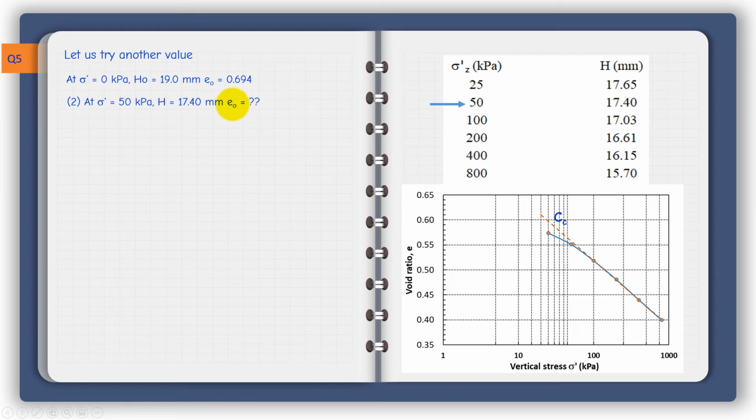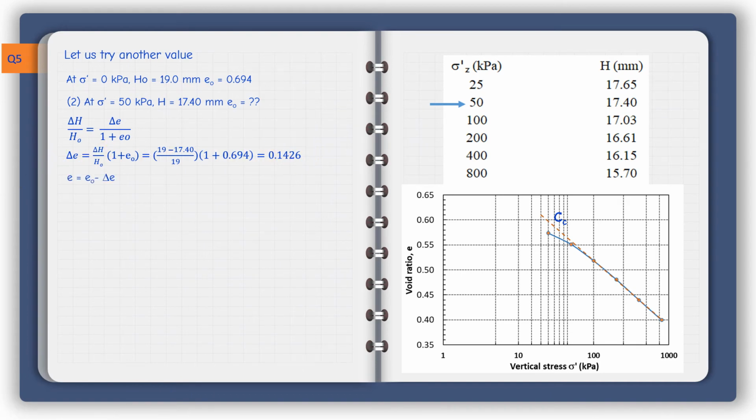And what would be the void ratio here? It's e naught. What is the void ratio here, e, that corresponds to that value? Exactly, we repeat the same thing again using this correlation, and I calculate the change in the void ratio. 19 is the initial height, and 17.4 is the corresponding height, and this has given me change in the void ratio 0.1426.